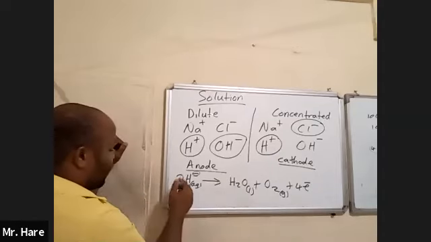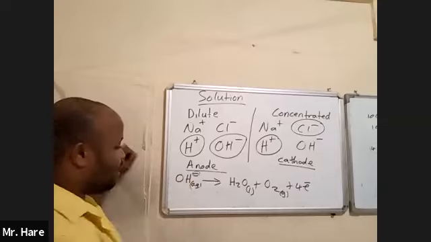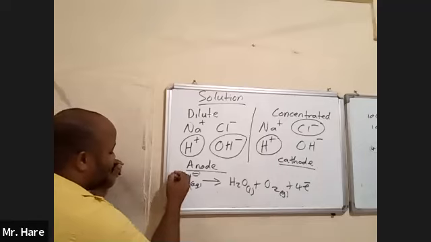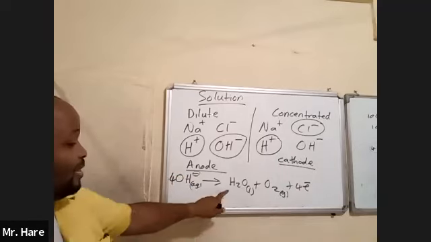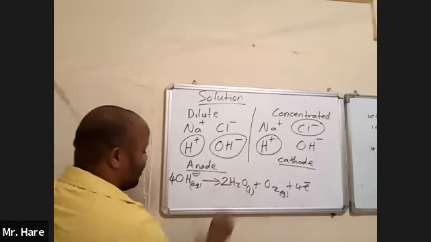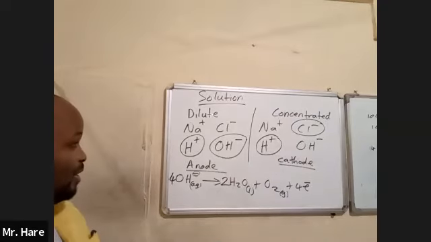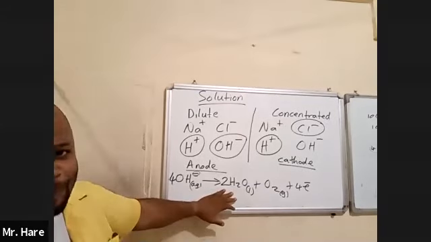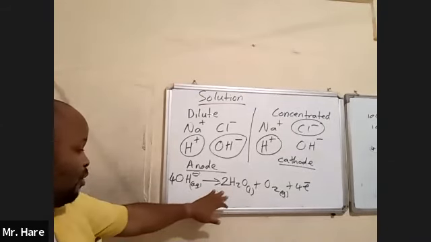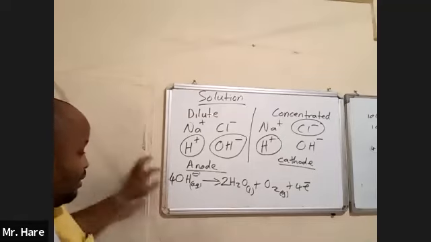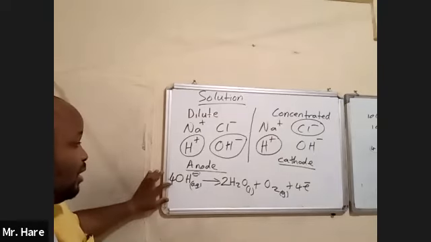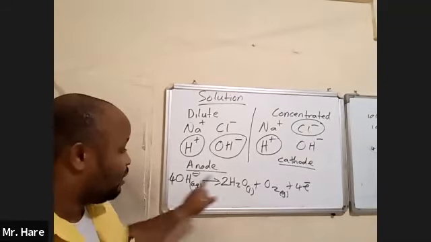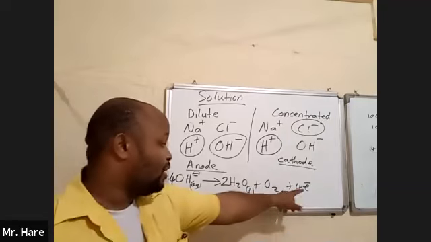If the hydroxide ion gives you water and oxygen, this is the equation, because I really can't go through it at this point, I'm crunched for time. But when you balance it, this is what you're going to get. So just remember it at this point: you use 4 hydroxide ions, you get 2 moles of water, oxygen, and 4 electrons.